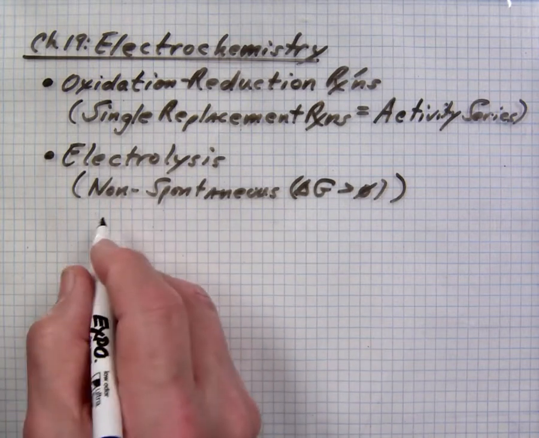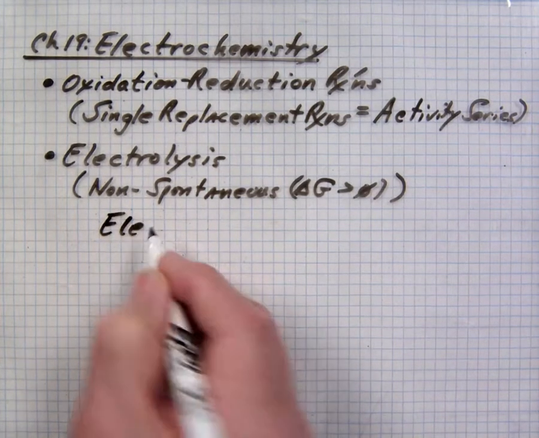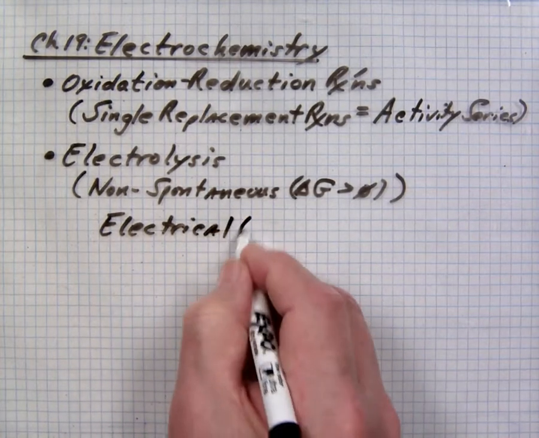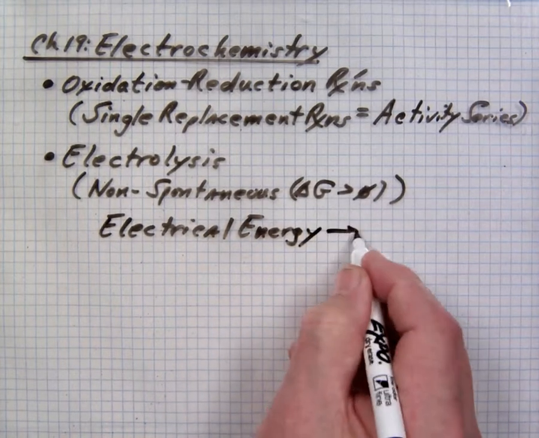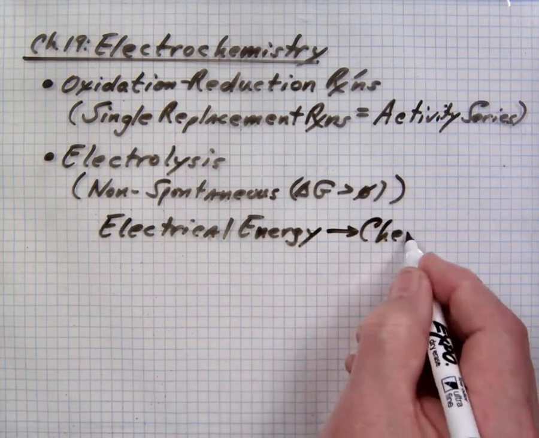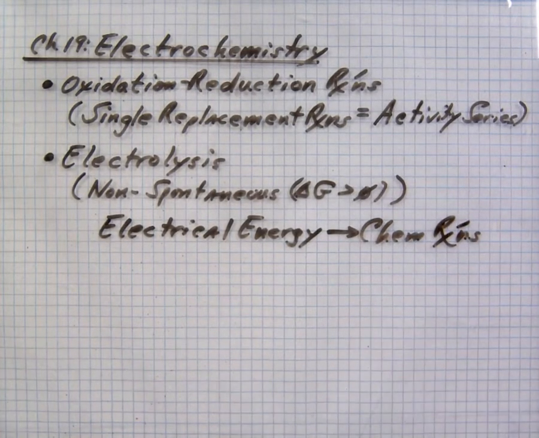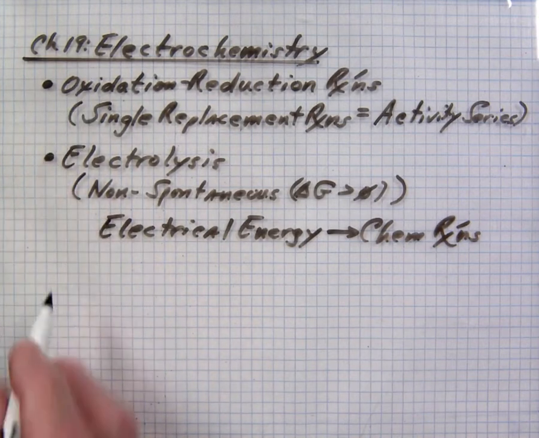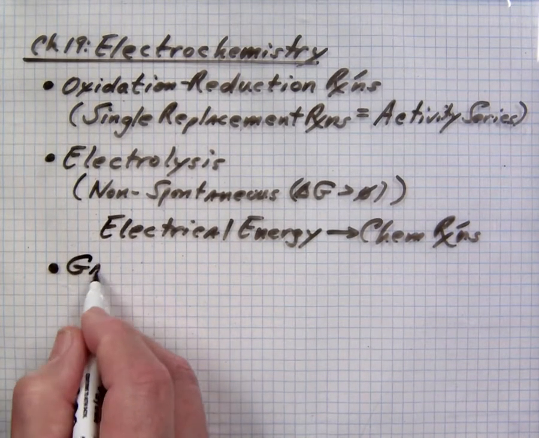So in the electrolytic process, we have electrical energy producing chemical reactions. The second part of electrochemistry, the third part in our chapter, is the galvanic process.